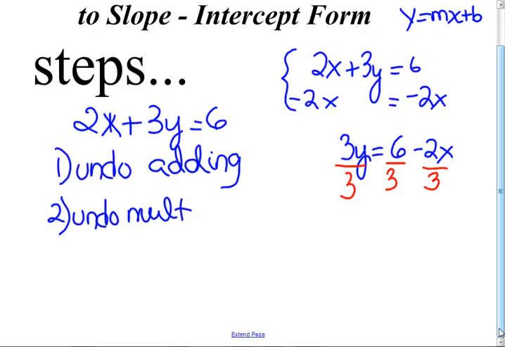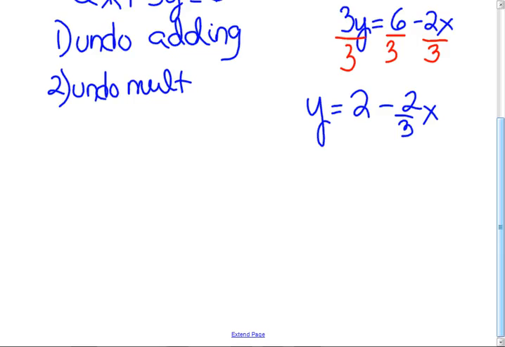Now, the problem with this is it's not going to be in the right order. For some of you, it's a problem. I kind of like it in the wrong order because it actually makes you focus on what the slope is and what the y-intercept is. You memorize mx plus b, but I could have written y equals b plus mx. It doesn't matter. The slope is always the number that's with the x.